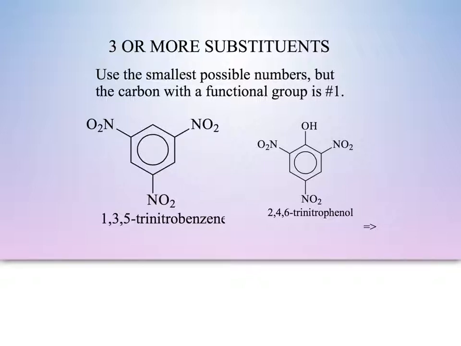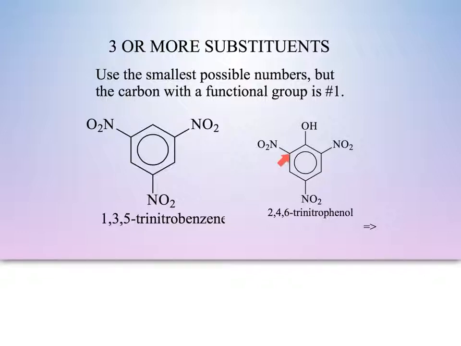Well, we'll use the smallest numbers possible, but we will use the carbon with the functional group as number 1. And what that means is, as we look at this chemical compound here, this OH attached to the benzene makes this a phenol. And so when we name phenol, we name the OH and the benzyl group. And that's going to make the OH carbon 1. So we have something on carbon 2, 4, and 6.